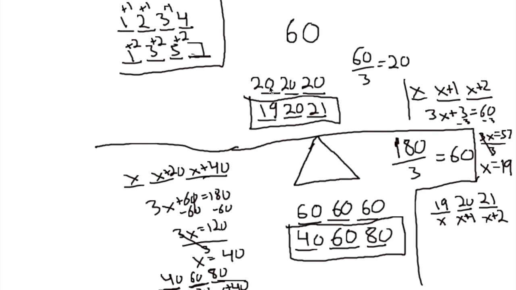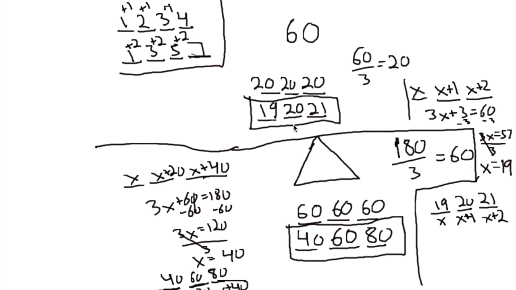Now we know that these 3 terms need to be consecutive integers. So here's what you do. You keep the middle value the same, 20. But then I make this term 19 and this term 21, and now I have 3 consecutive integers: 19, 20, 21.